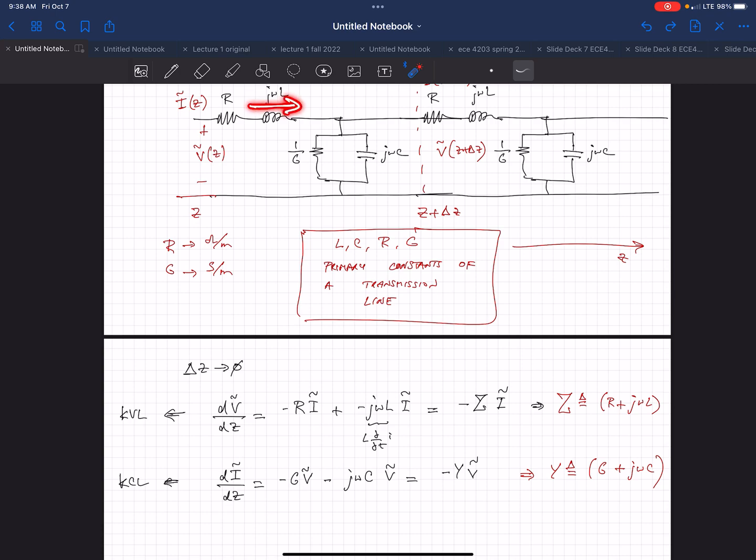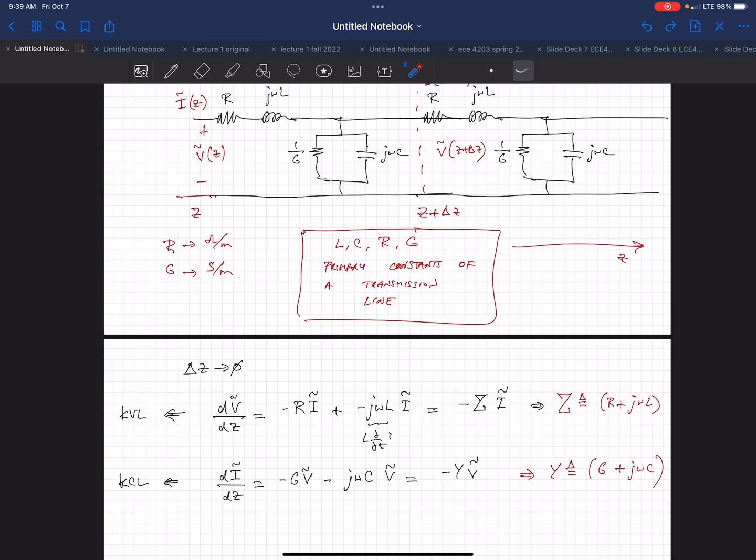The sum of the current going through here and the current going here is the difference between these currents. Is that good? And then this guy is saying the difference between the voltage here and the voltage here is the drop across this plus the voltage drop across that.